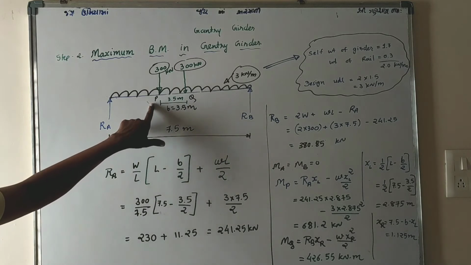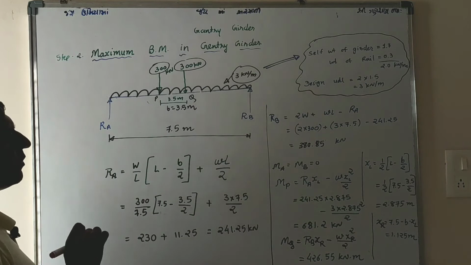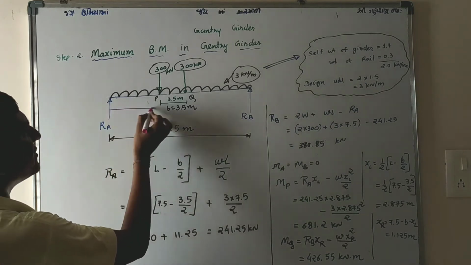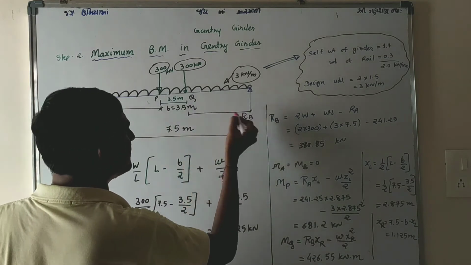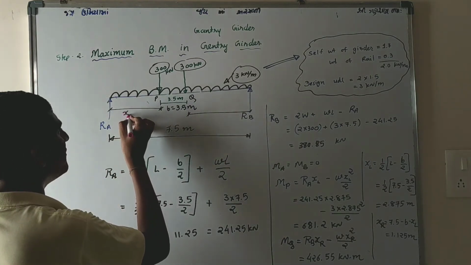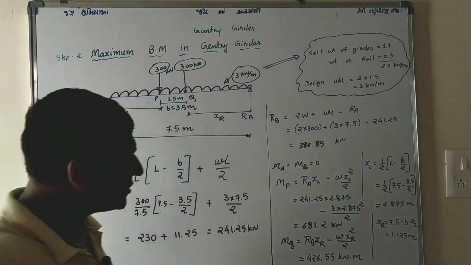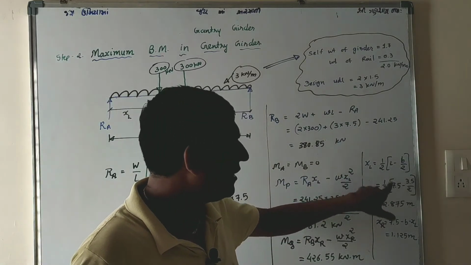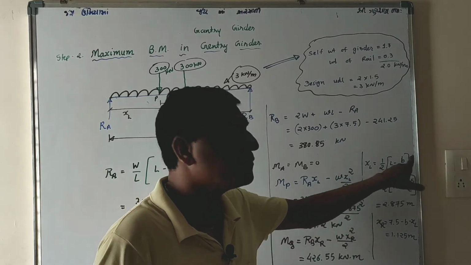Let's consider this P point and Q point. Okay. Now how to find this distance? Number 1, that is notation given as x left and x right. First you can find this x left and x right from this equation, that is 1 half L minus B by 2.